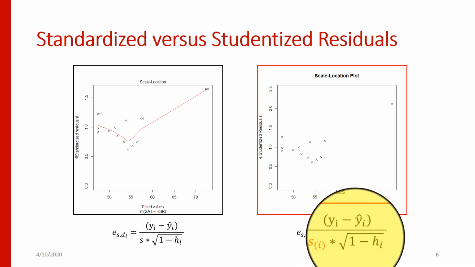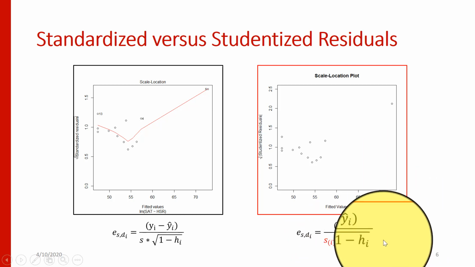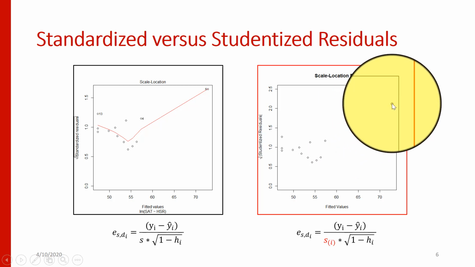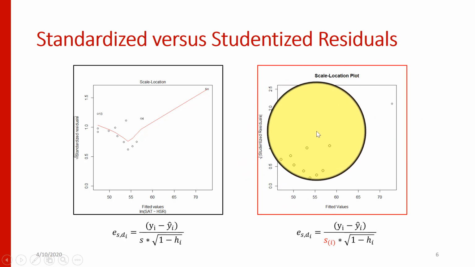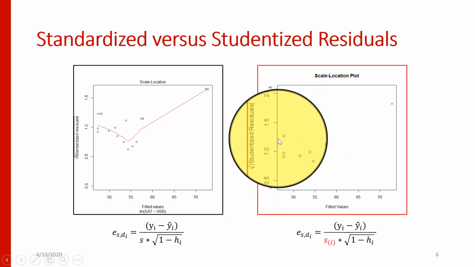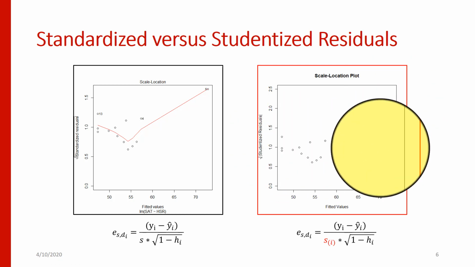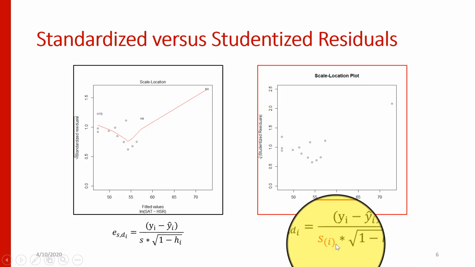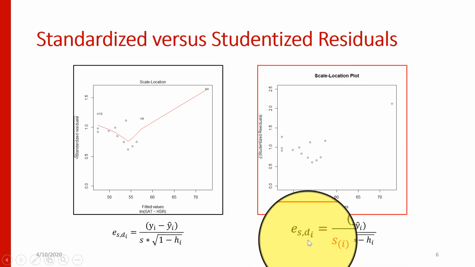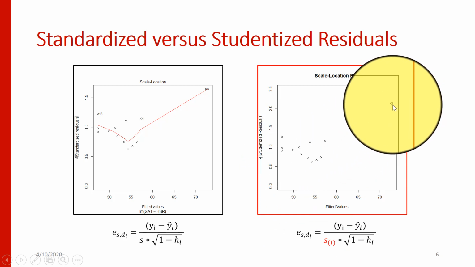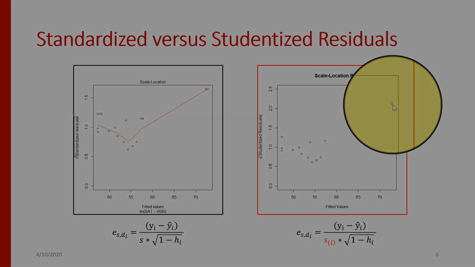So we do this as a calculation omitting the current data point, which then makes this one look a lot farther away, because when this data point is excluded, the variance among the residuals is a lot smaller, which makes the resulting studentized residual that much bigger. Because if we have a smaller term in a denominator, then that's going to make the ultimate term a lot larger. So this outlying residual stands out as an even larger outlier when we use the studentized residual.